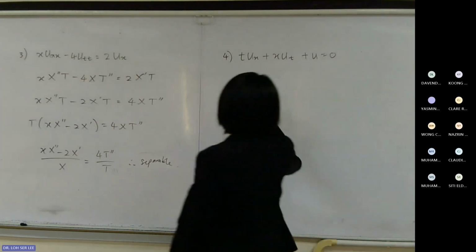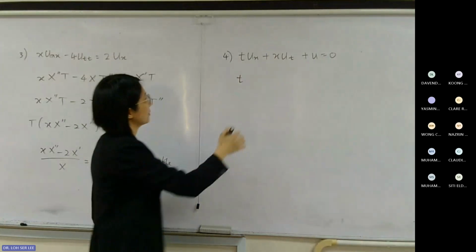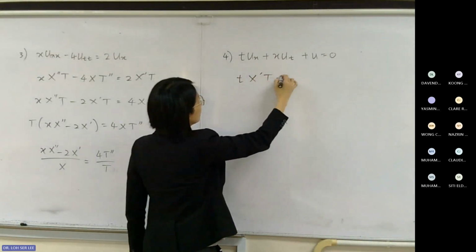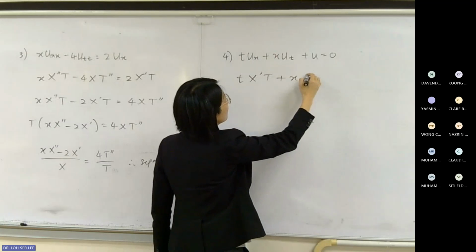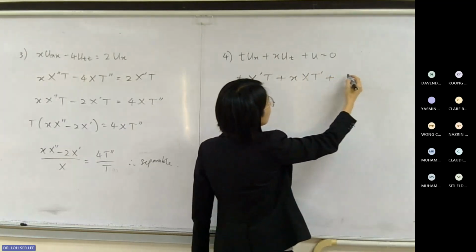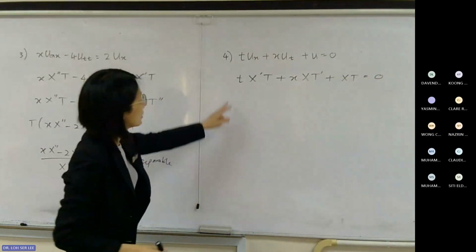So UX is x prime t. X prime t plus x ut is X t plus x t prime plus u. u is X t.